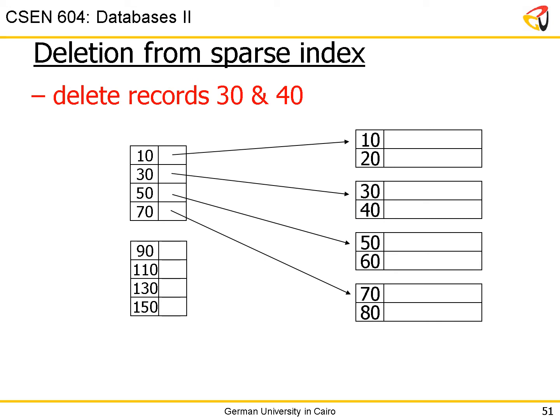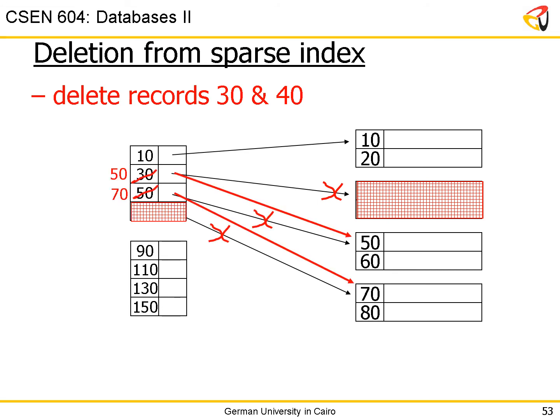What about deleting 30 and 40? We'll follow the same logic, but now when the 30 and 40 are gone, the reference to that page is also gone. And consequently, we could shift, or we need to shift the values up. So we'll move the 50 upward. And perhaps we could fill in this new entry that exists at the end of the first page in the index with some value that will come in the future.